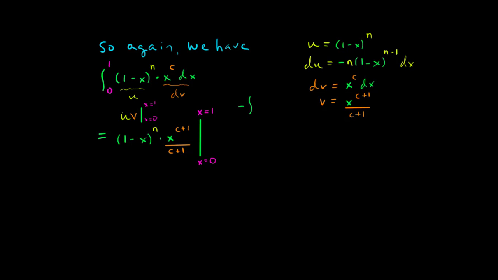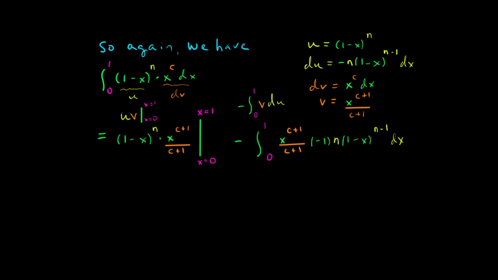Minus the integral from 1 to 0 of v du. So this will be minus the integral from 1 to 0 of x to the c plus 1 over c plus 1 times du, which we have as -1 times n, times 1 minus x to the n minus 1 dx.